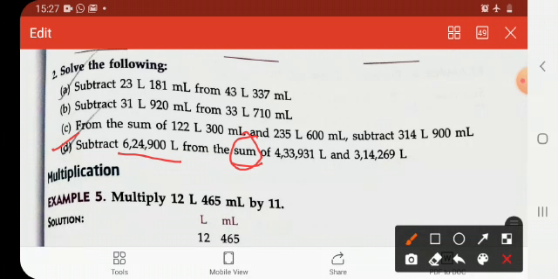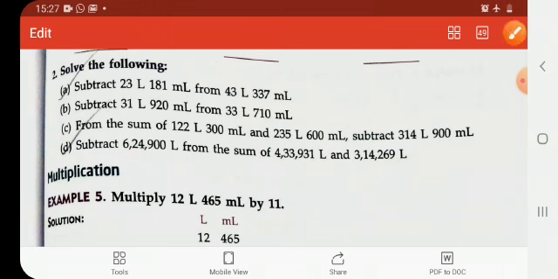Addition of 4,33,931 liters and 3,14,269 liters. So first you will have to add these two numbers, and whatever is the answer, you will subtract this number from it.